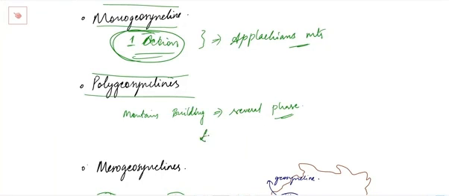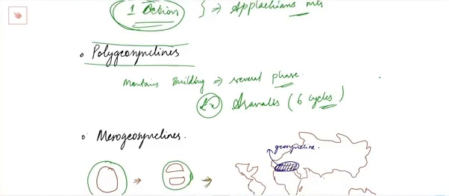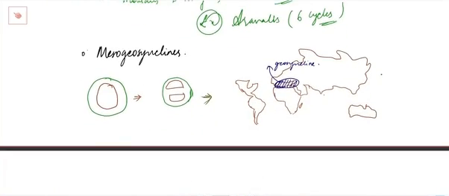The best example suited for polygeosynclines is the Aravallis, which took 6 cycles to form. This is about polygeosynclines.